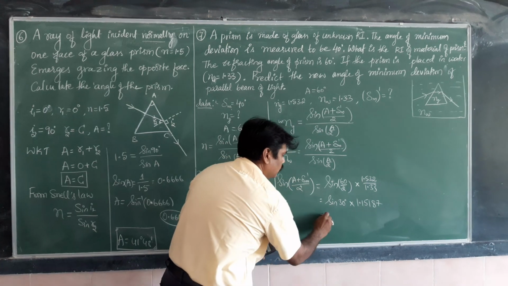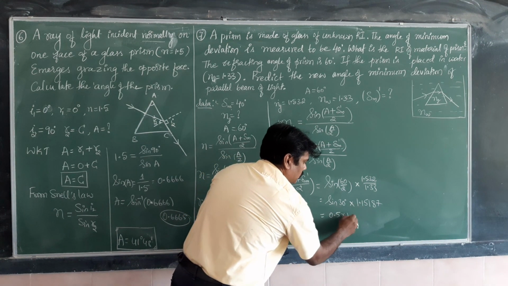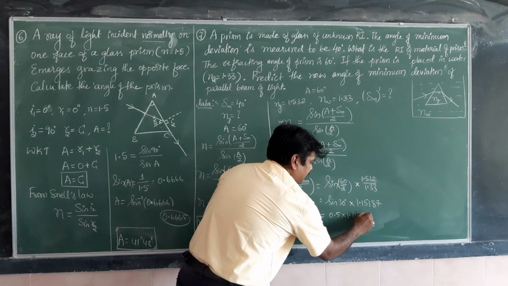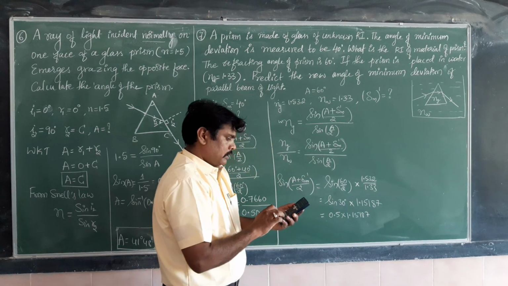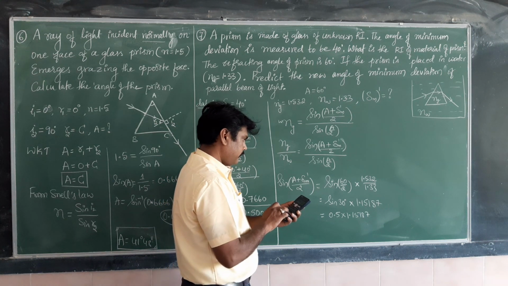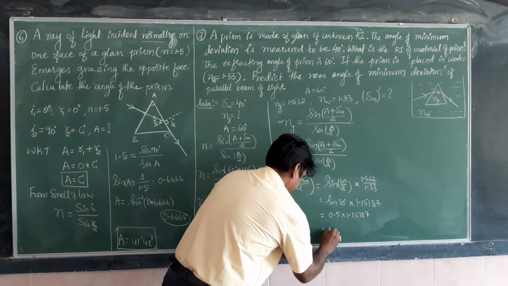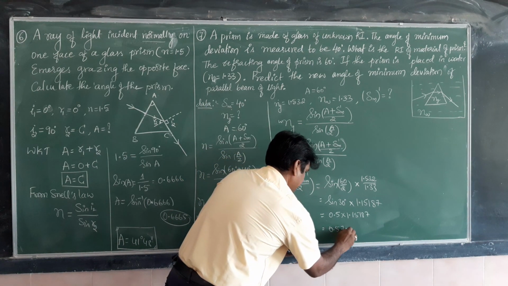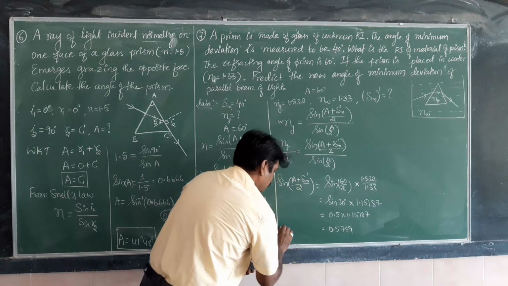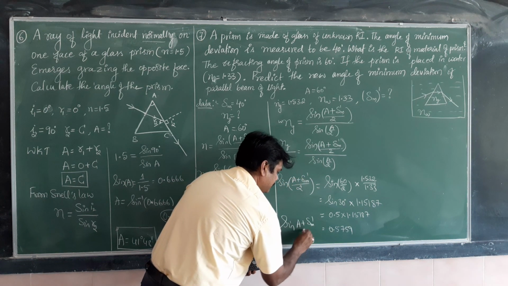Now sine 30 value is 0.5, into 1.15187. We are getting an answer of 0.5759. So this is for sine of (A plus delta m dash) divided by 2.